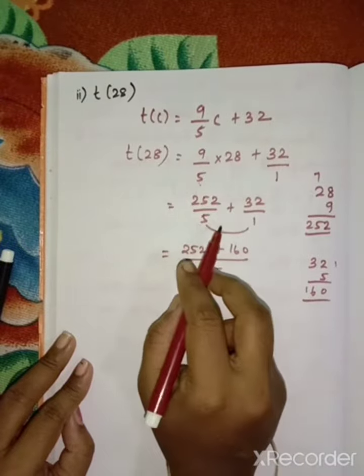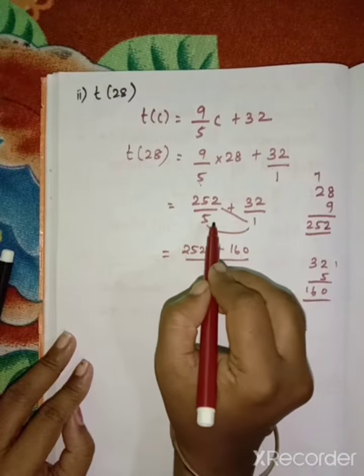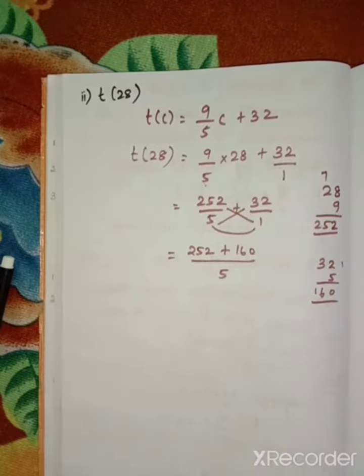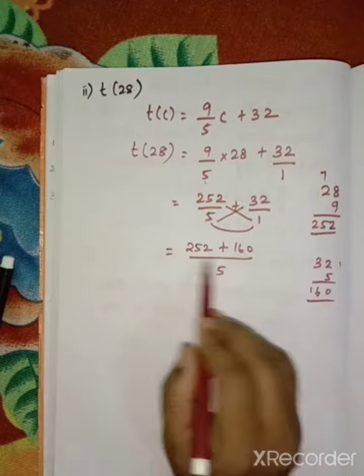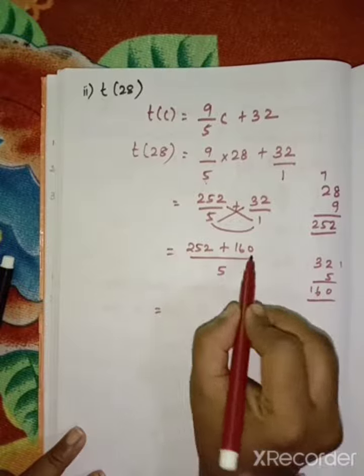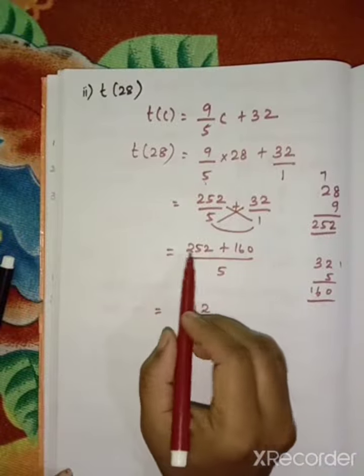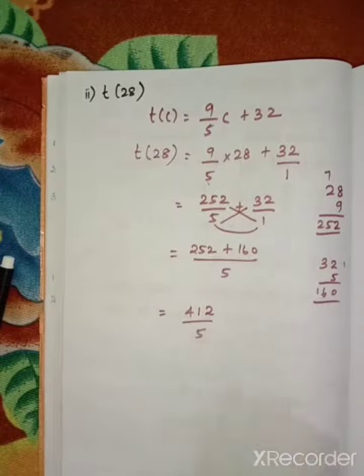This is the cross multiplication method. That is 1 into 252, then 5 into 32. In the denominator you have to multiply. These are the rules for cross multiplication. Now we want to add. So 0 plus 2, 2. 5 plus 6, 11, balance 1. So 2 plus 1, 3, 3 plus 1, 4, so 412 divided by 5.